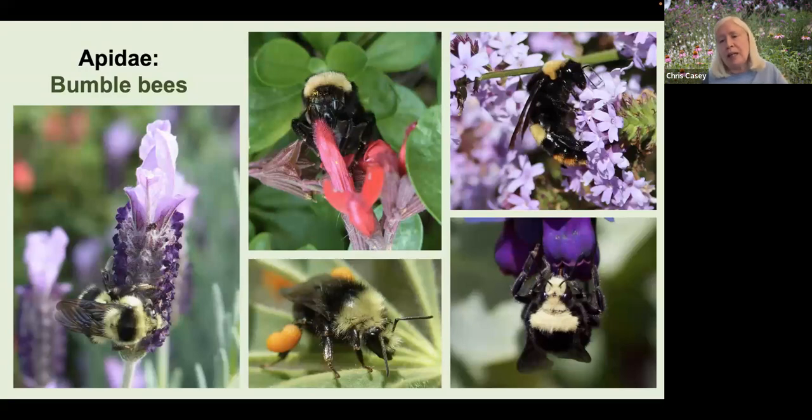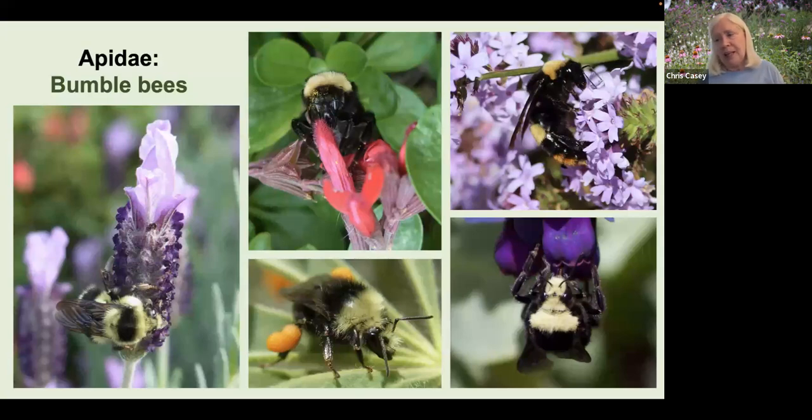And bumblebees also do make honey, but they only make enough honey to provide food for the queen over the winter. Their life cycle is such that a female will mate in the fall, and that's when she becomes the queen because she's a mated female. And then she spends the winter underground in the nest by herself, just feeding on that honey.